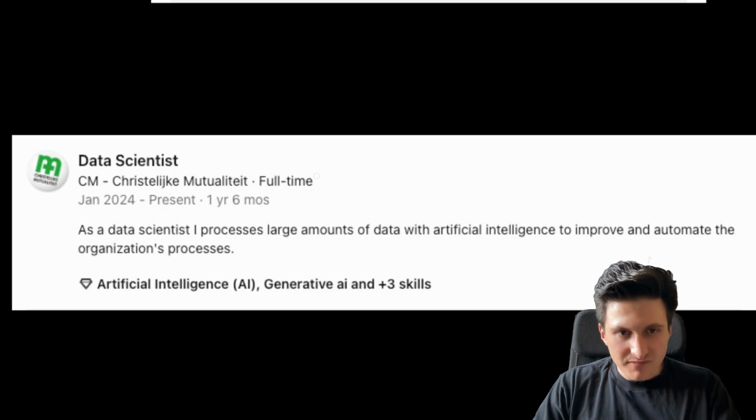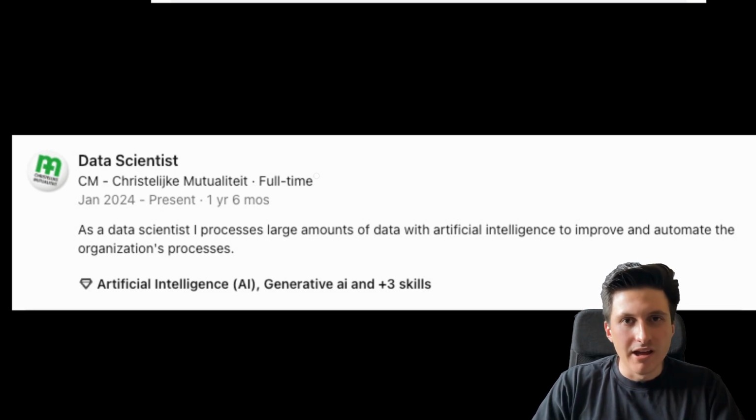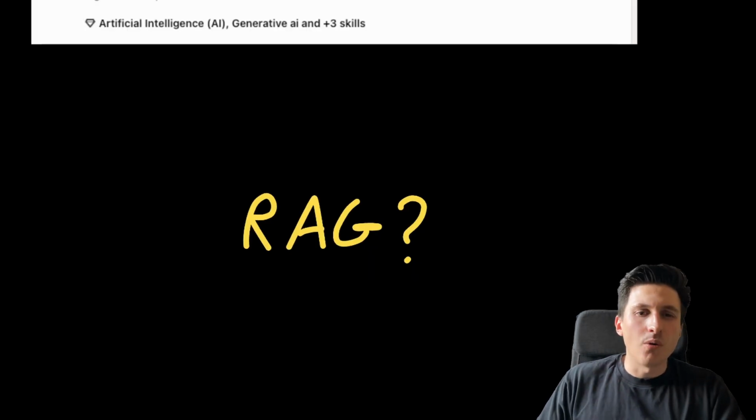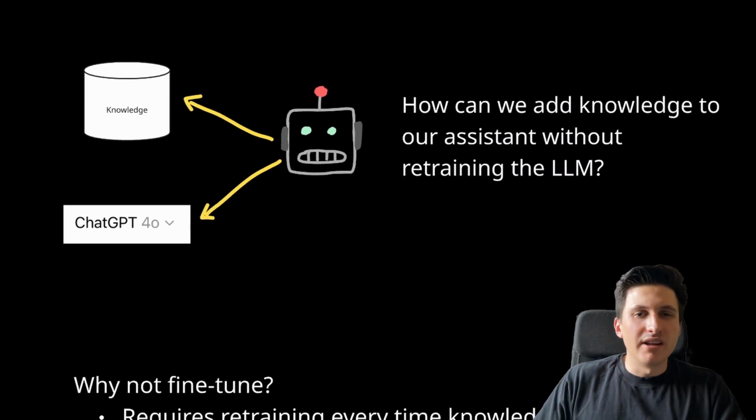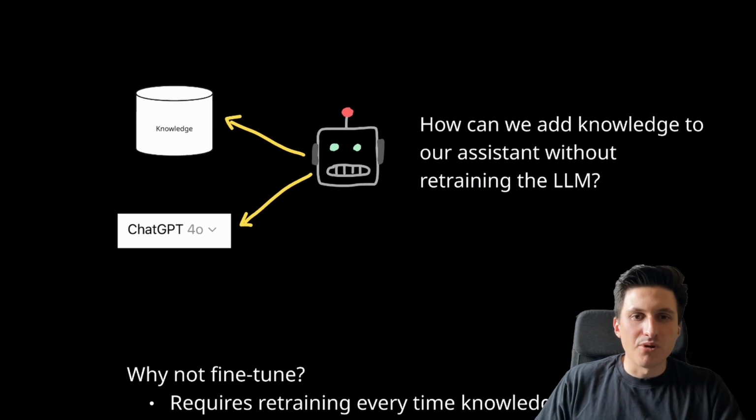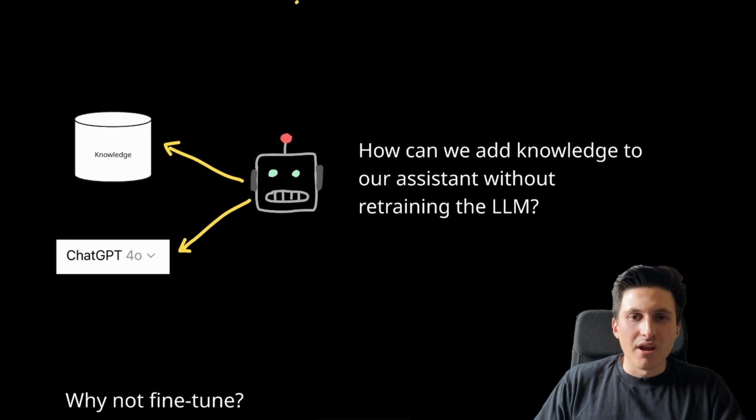And in this video, I want to bundle the main things that I've learned over the last few years building these applications. So what exactly is RAG? It's a solution to the problem of how can we add new knowledge to our assistant without retraining the LLM?